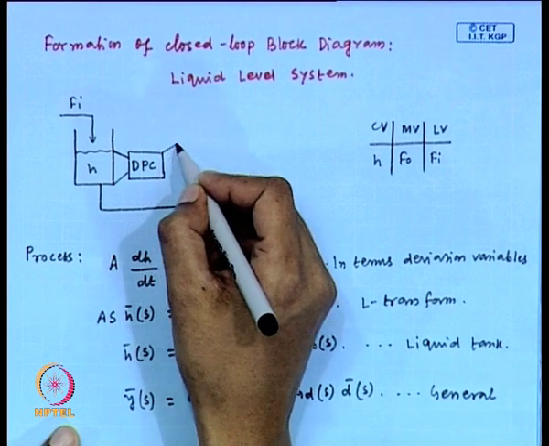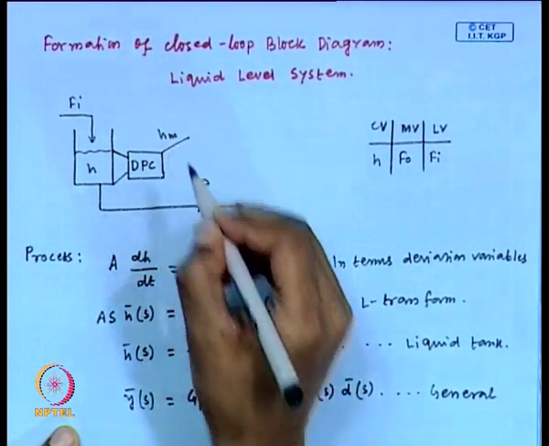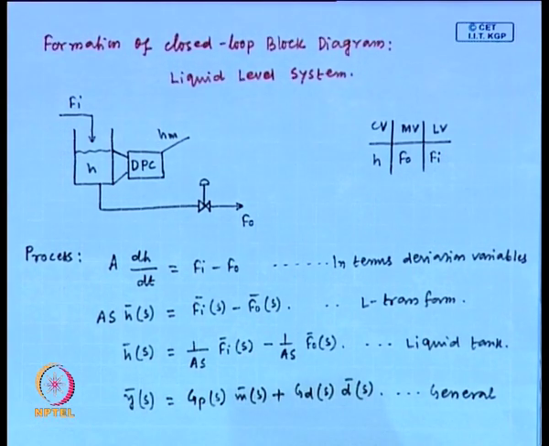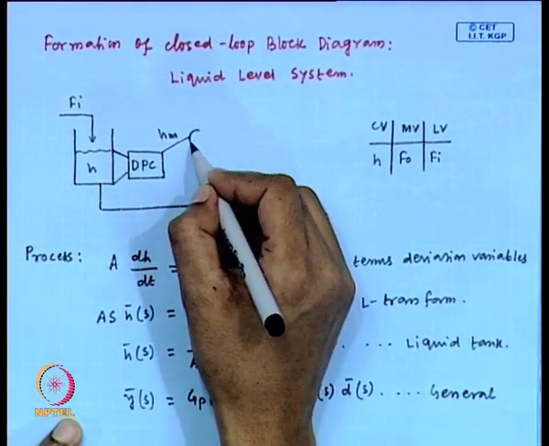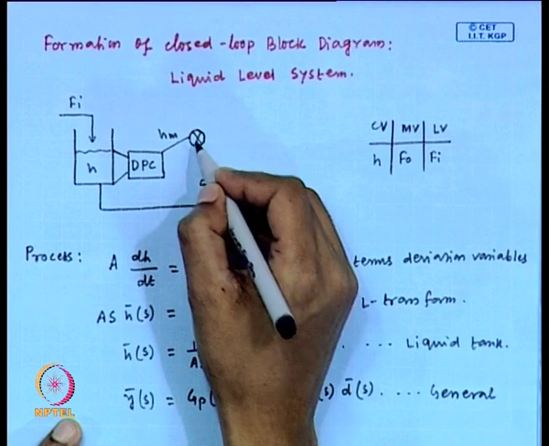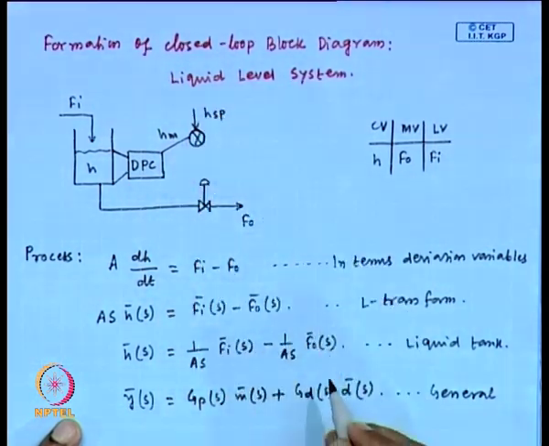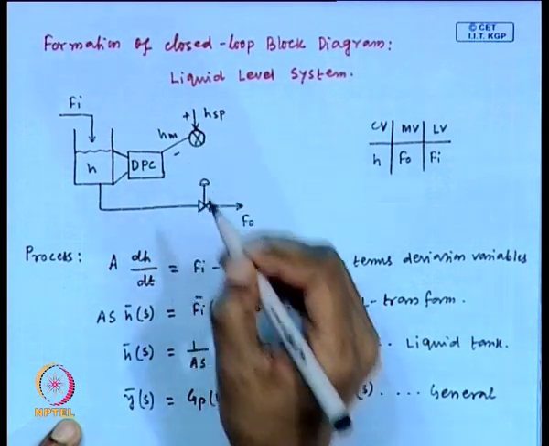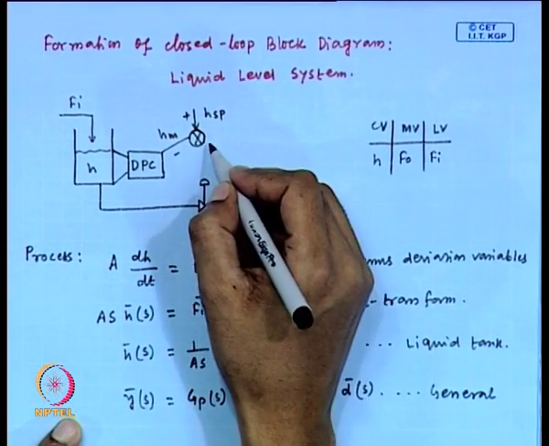So, what is the output of this differential pressure cell? The output is H_m. Original height is H and measured height is H_m. This output is compared with the set point value H_sp.